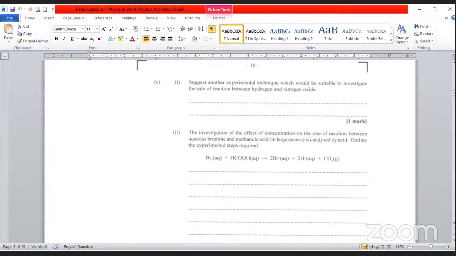All right, C, suggest another experimental technique which would be suitable to investigate the rate of reaction between hydrogen and nitrogen oxide.